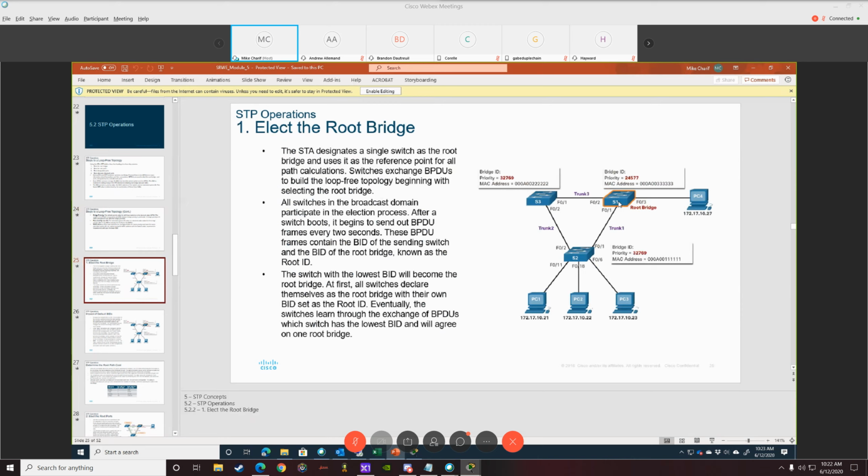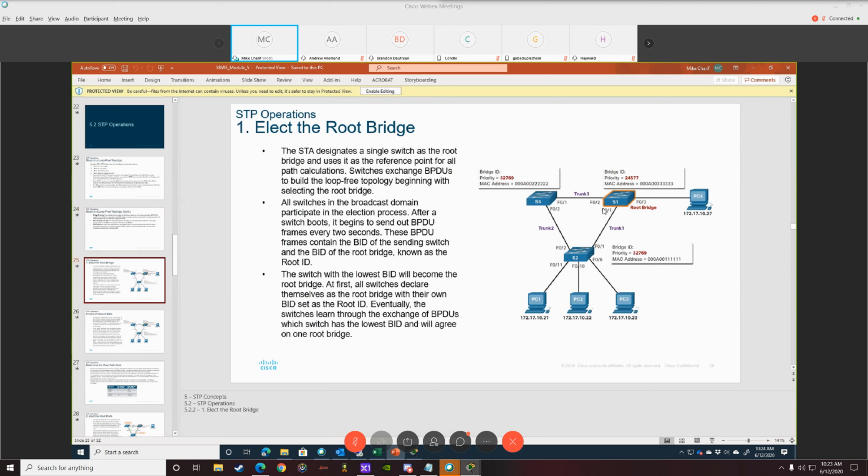So this is the root bridge based on the priority. The MAC address is really the largest from this one and this one here. Now, why did this one become the root bridge? Because it has the lowest priority value. Okay.